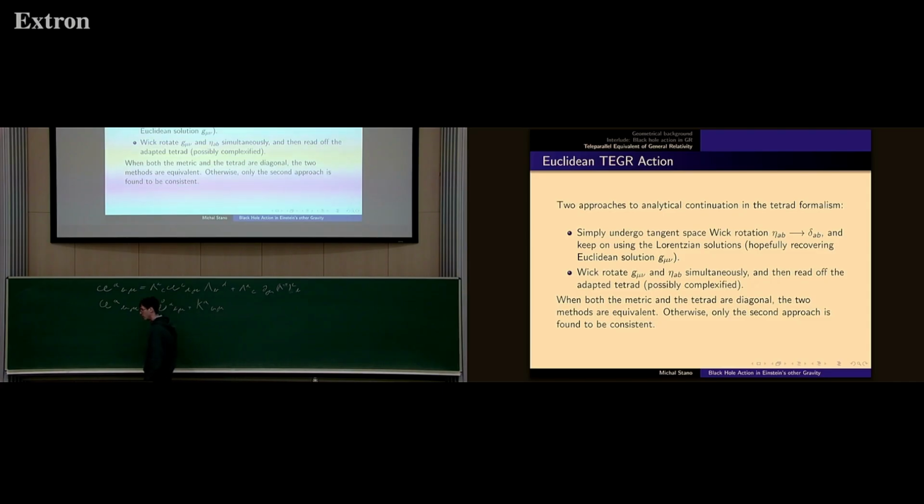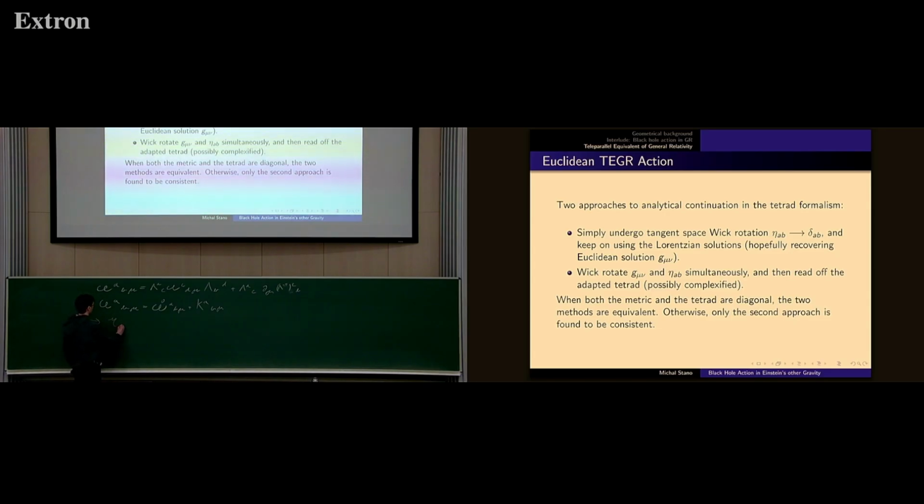Okay, so now before we head into the actual evaluation of teleparallel actions, we need to firstly think a bit more about how to undergo the Wick rotation in the case of tetrad formalism. So the way we have decided to do it is, well, first of all, it turns out that we've got two options now. Recalling the familiar expression for tetrads in terms of the spacetime metric, let's assume we are working in a flat spacetime.